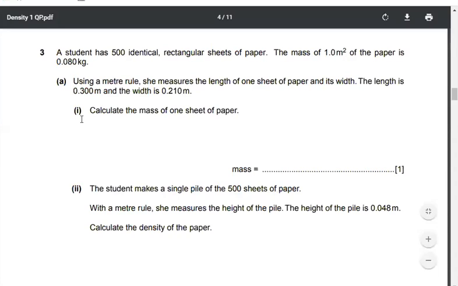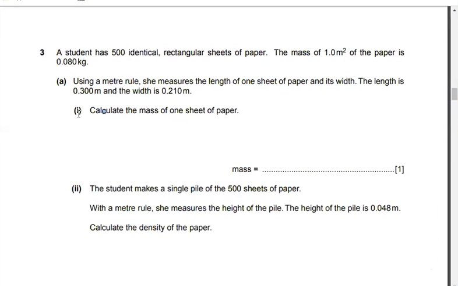Okay, so here we are finding out the mass. To find the mass, first I will have to calculate the area. Area equals length into breadth, which is equal to 0.300 into 0.210.